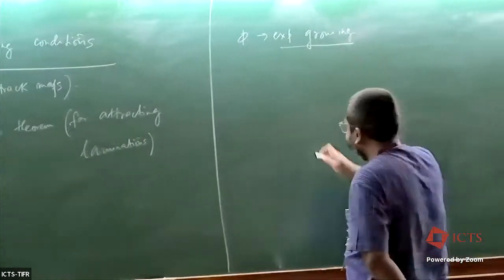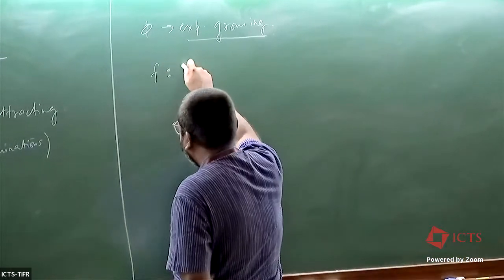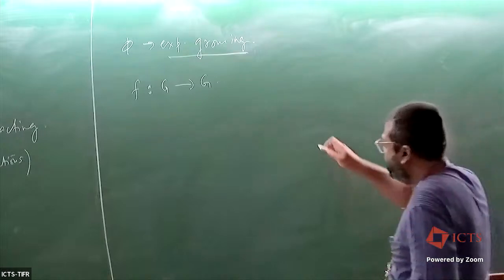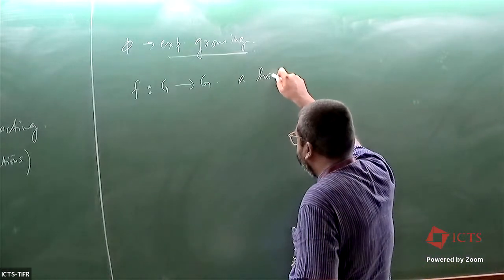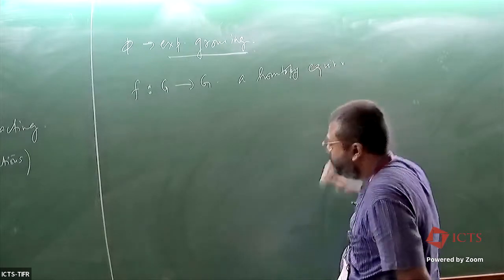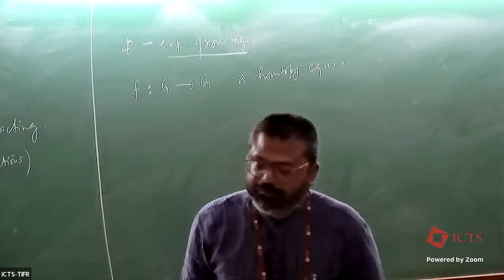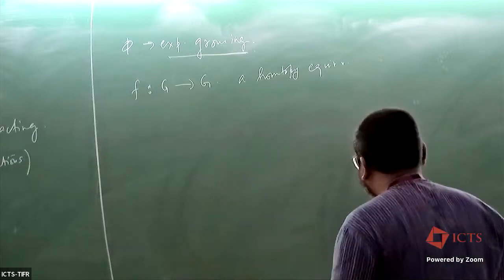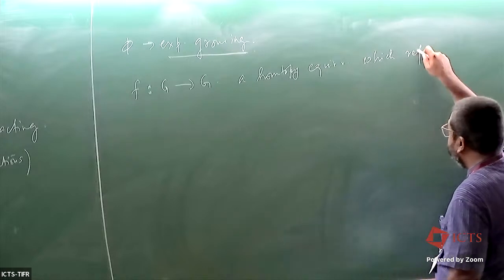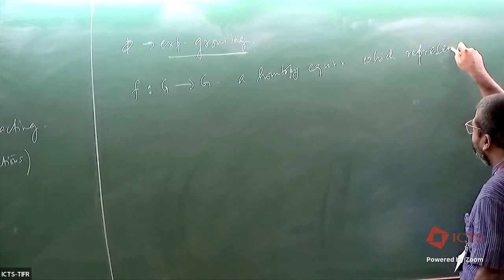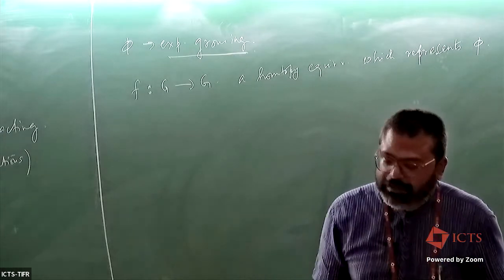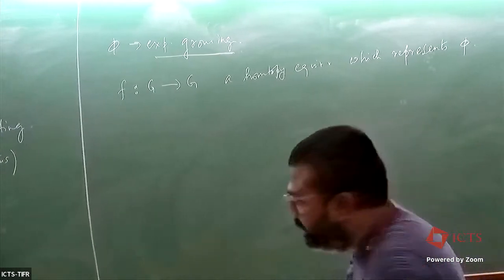Okay. So this is a homotopy equivalence, a base point free homotopy equivalence, which represents phi. So this is a kind of topological representative of phi, and it has certain properties, right?